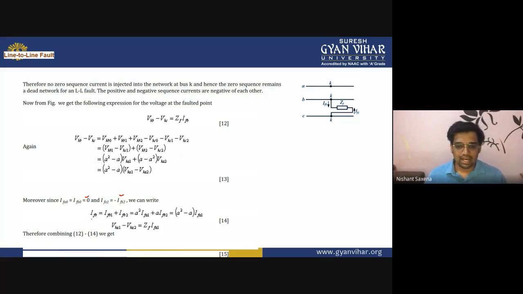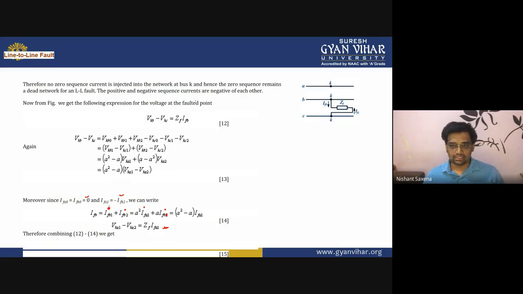Therefore, we can say that IFB is equal to IFB1 plus IFB2, which, when we substitute alpha square IFA1 plus alpha IFA2, is equal to alpha square minus alpha into IFA1. I just substituted IFB1 in terms of alpha square IFA1, and IFB2 in terms of alpha IFA2. Is this clear? Therefore, VK1 minus VK2 will be equal to ZF into IFA1. I hope this is clear to you.